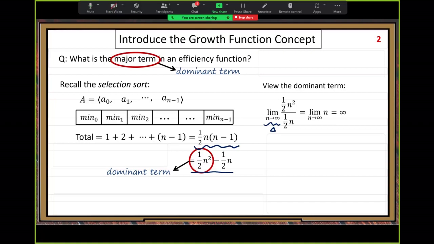Then, in this dominant term, there is a leading coefficient 1/2.